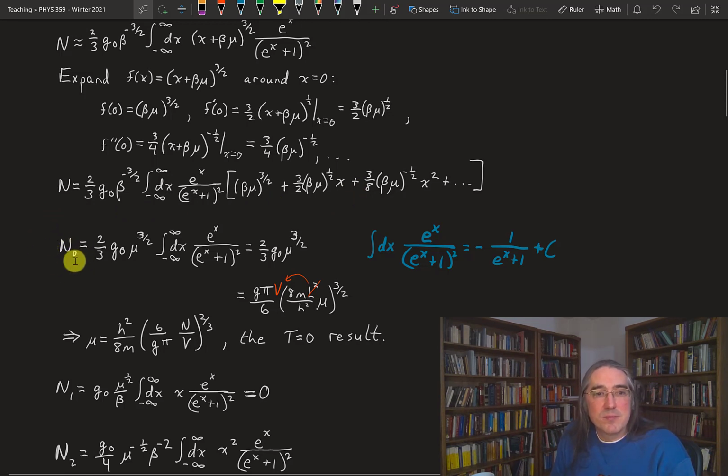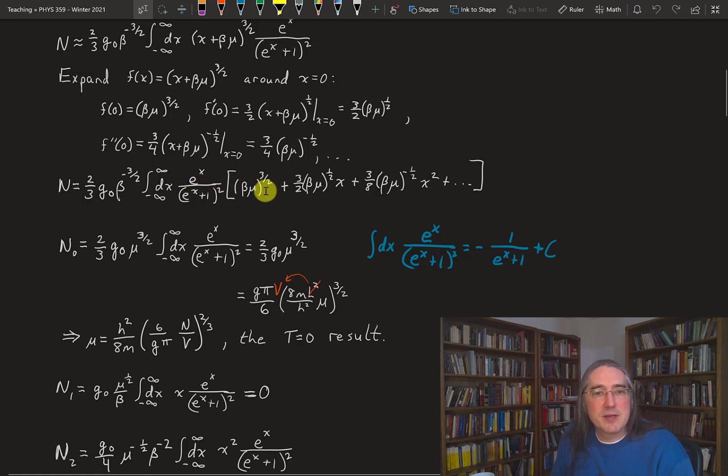So the 0th order term, right? So only keeping the first term, we have, again, the constants from out front, and I've taken the beta mu to the 3/2 times the beta to the minus 3/2, so all that remains is a mu to the 3/2.